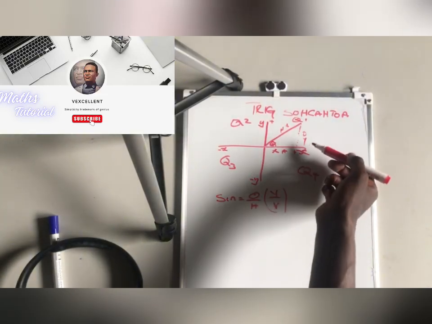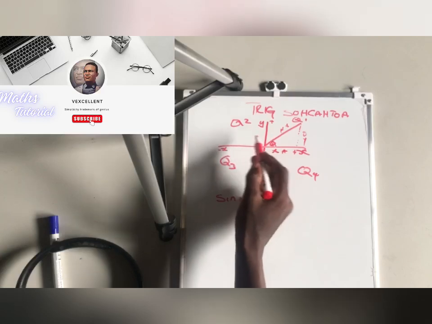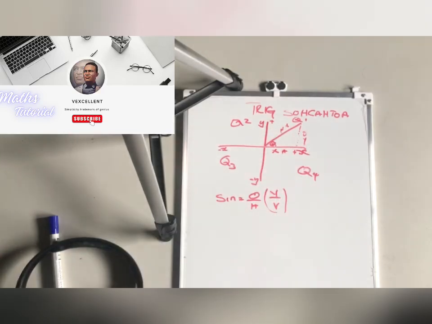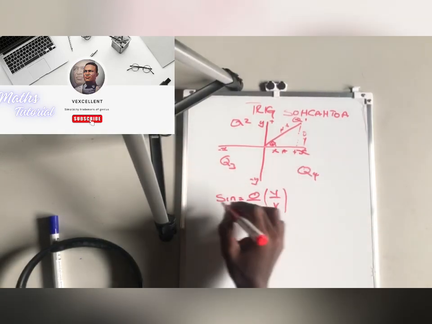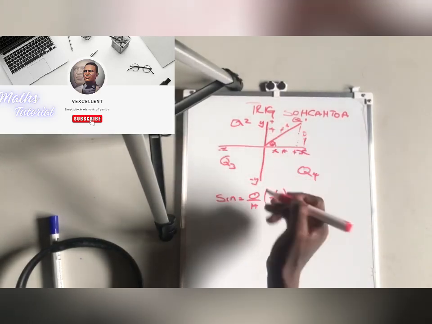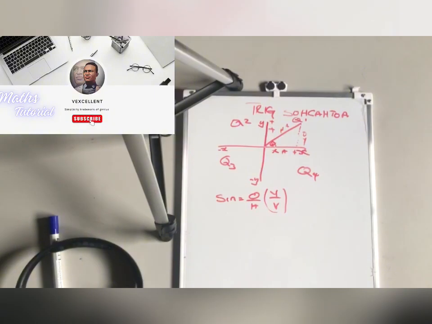My y is positive in the first quadrant, and the hypotenuse is always positive, meaning that my sine is going to be positive, because it's positive over positive.